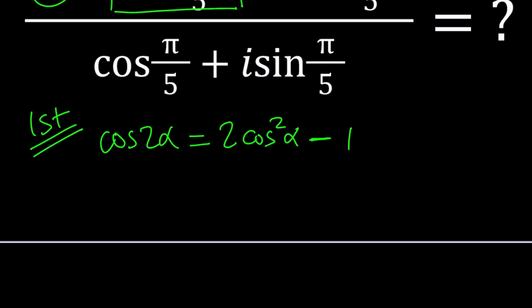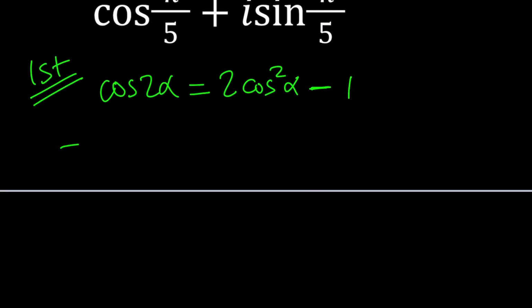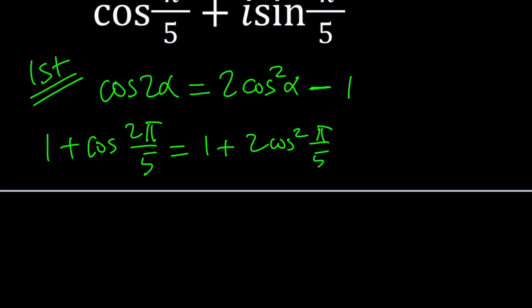Now, since 2 pi over 5 is 2 times pi over 5, you knew that, right? We can go ahead and write the 1 plus cosine 2 pi over 5 as 1 plus 2 cosine squared pi over 5 minus 1, and the 1's cancel, and we end up with 2 cosine squared pi over 5.